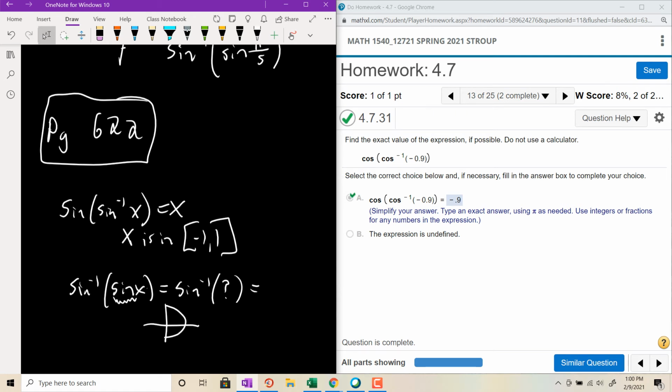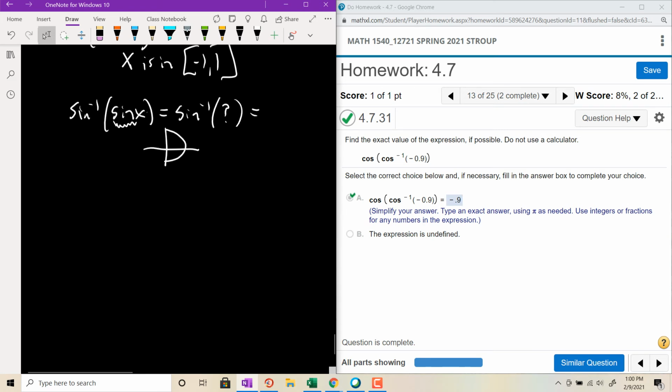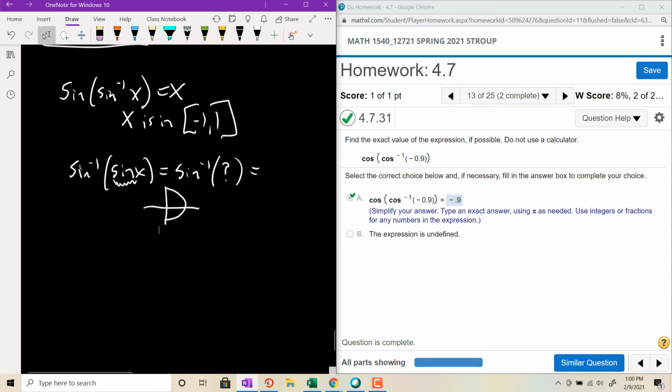unit circle. Okay. So for cosine, it's kind of the same spiel. If cosine inverse is on the inside, then it's just automatically x when x is in -1 to 1.